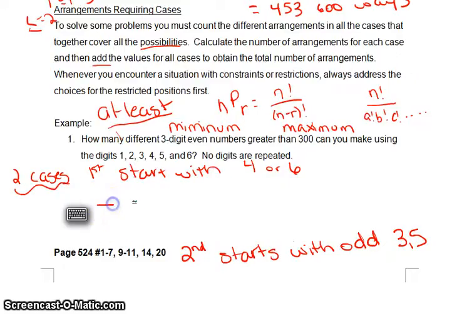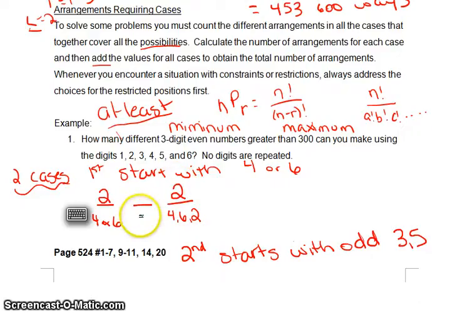So here we have a 3-digit number. It has to be an even number, and here it starts with 4 or 6, so there are 2 different options for the first digit. The last digit could be a 4, 6, or 2, but you have already used one even number, so there are only 2 options left for the last digit.